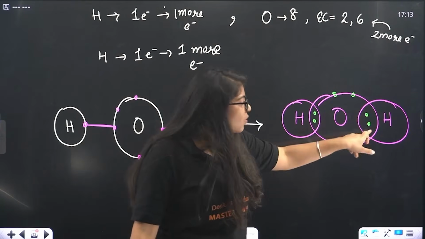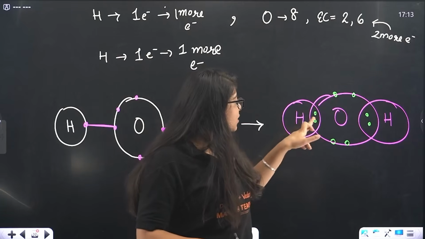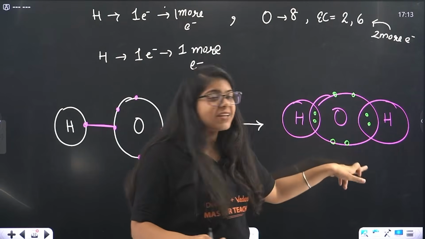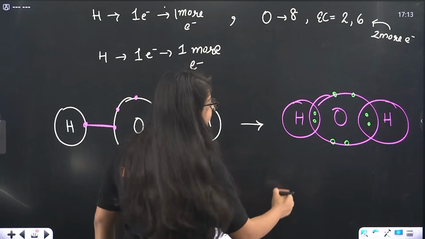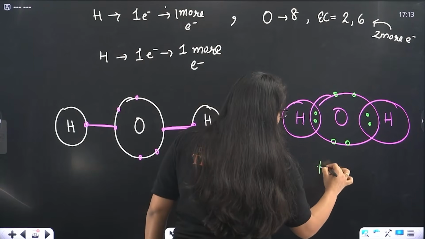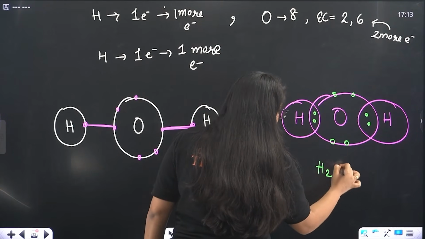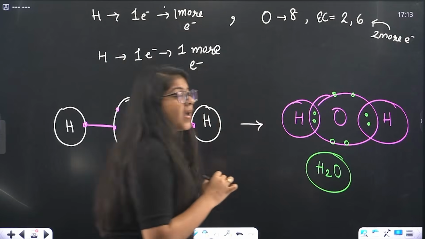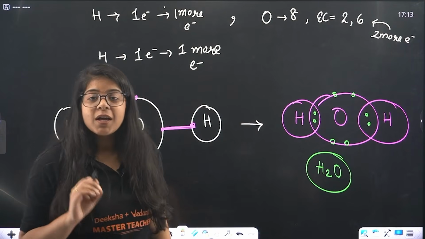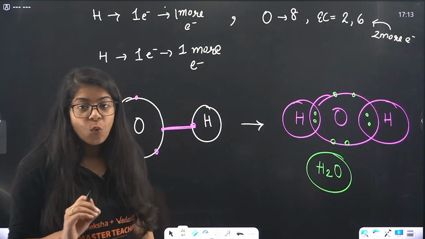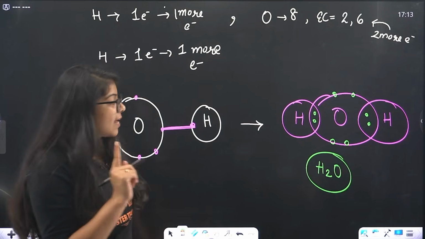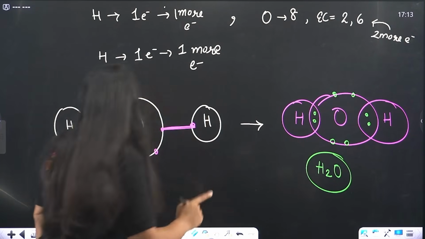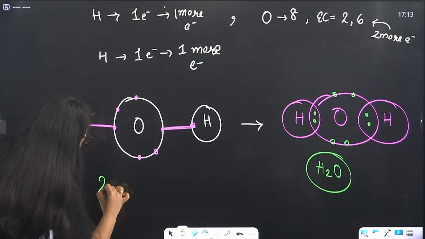Oxygen has 8 electrons, complete octet, happy. And we have our water molecule: 2 hydrogens and 1 oxygen, a single molecule of water, H2O, with 2 single covalent bonds.